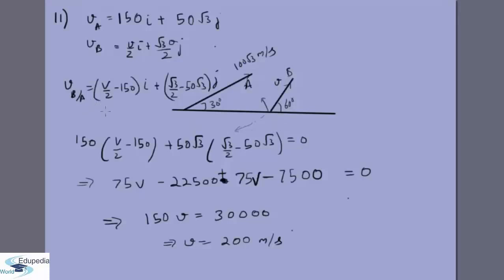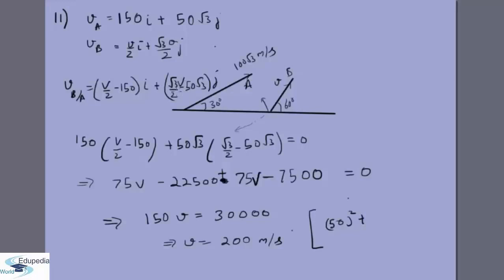So now we can calculate the magnitude of V of B with respect to A. So what that would be is V by 2 minus 150. That is 100 minus 150, that is 50. We just need the magnitudes. So 50 squared plus, now this is root 3 by 2 times V minus 50 root 3. We can just take root 3 common.